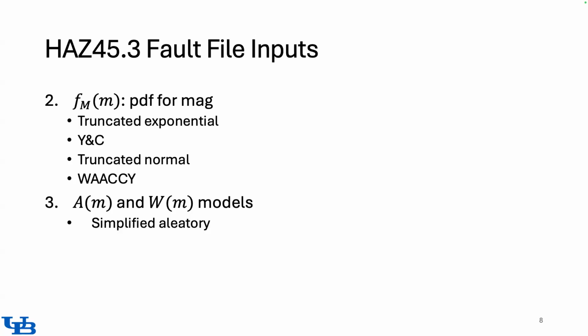And again, all of this should start being familiar to you. We covered the truncated exponential, I think you used that, or the Youngs-Coppersmith, which is the characteristic model, or the pure characteristic, which is a normal distribution around your characteristic magnitude, or some composite distribution like the one that we saw that had a shape that was an exponential, then had a normal distribution, and then a second exponential tail.